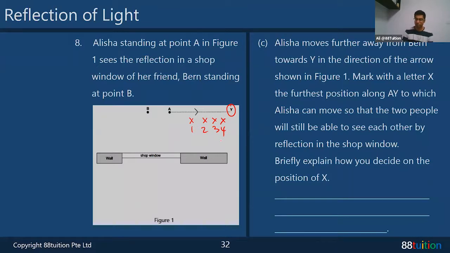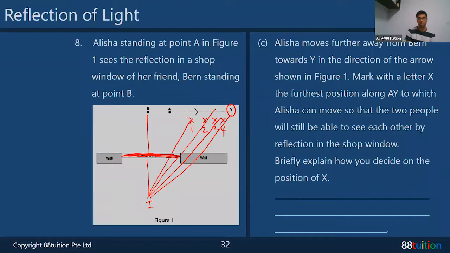Where she can still see Bern in the shop window, because Bern's image is somewhere here, isn't it? So can she see if she moves to position 3? Cannot. Position 4 cannot. Position 2 can. Position 1 can.